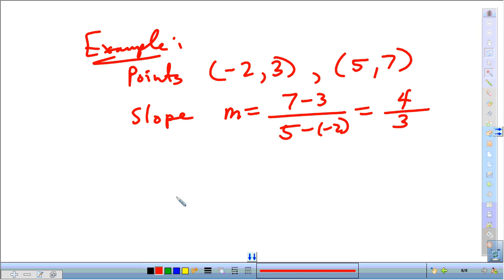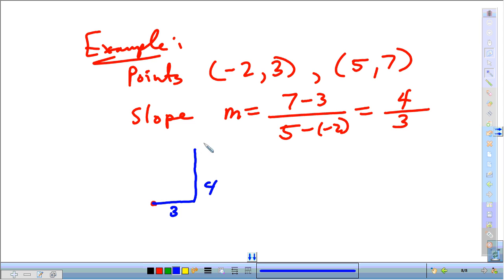So if we think about that, if we start at a point, for every 3 units of x we move up 4.